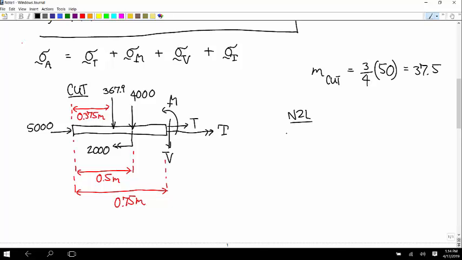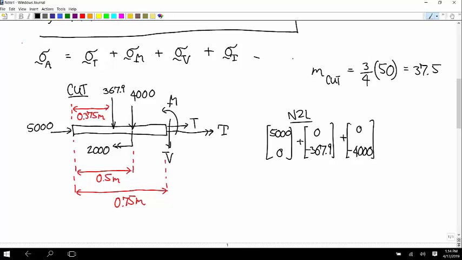So Newton's second law says 5,000 plus 0 negative 367.9 plus 0 negative 4,000 plus T negative V is equal to zero.